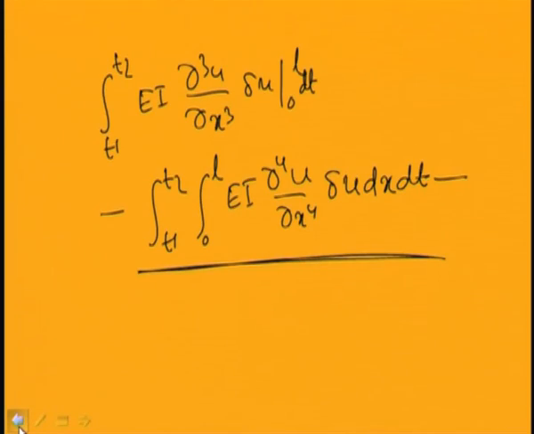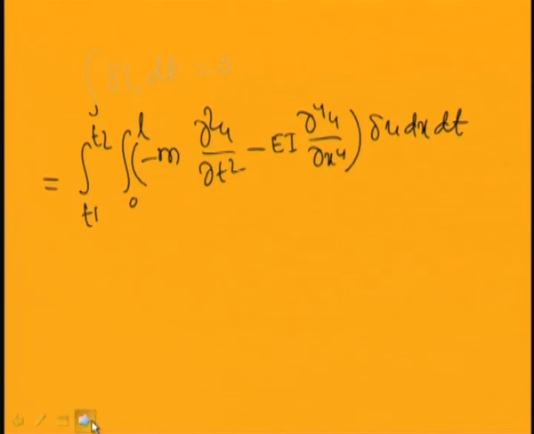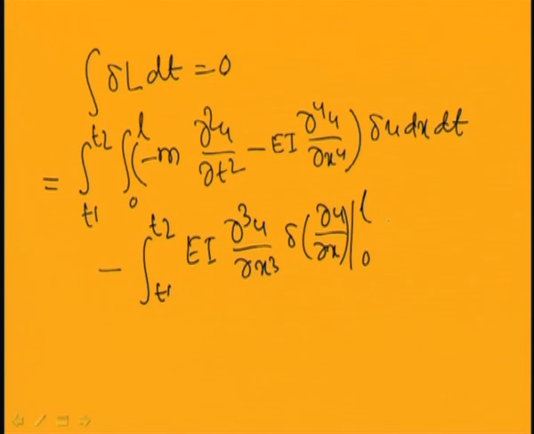So, this is the term and I have to add these two more terms, that is minus integral T1 to T2 EI del cube u by del x cube into del of del u by del x, 0 to L. So, this term and another term is there.